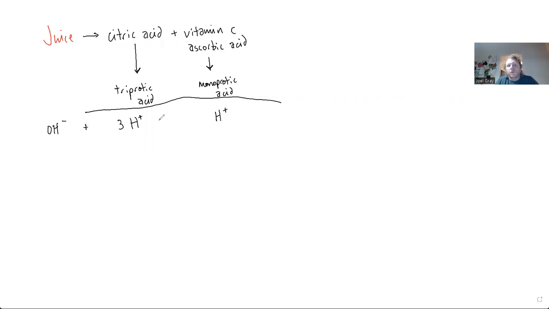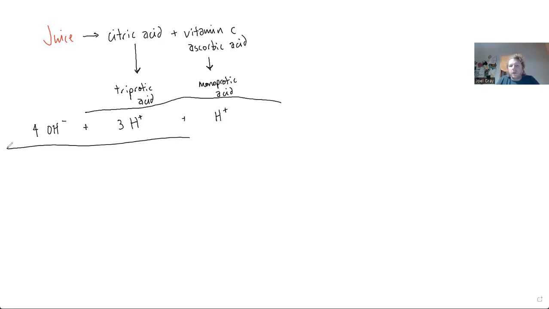Therefore, if we have a total of 4 hydrogen ions that we need to neutralize, we need a total of 4 hydroxide ions. So what we end up with here is a ratio of 4 hydroxide ions for 4 hydrogen ions.